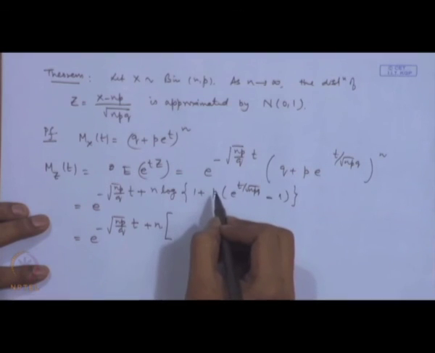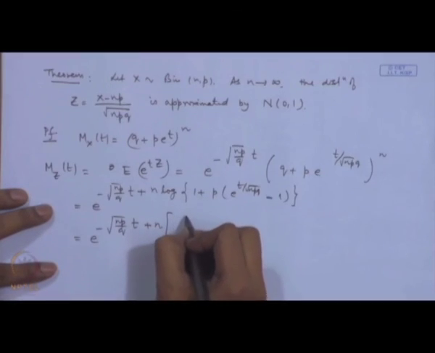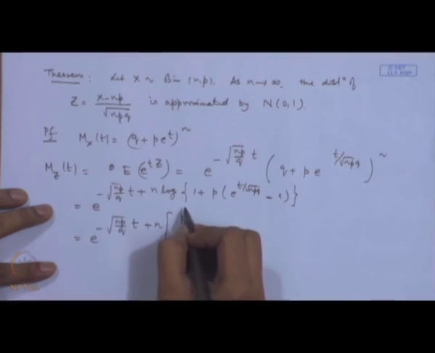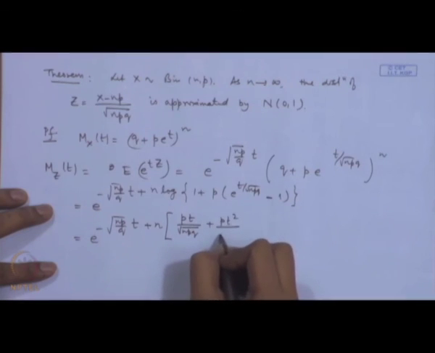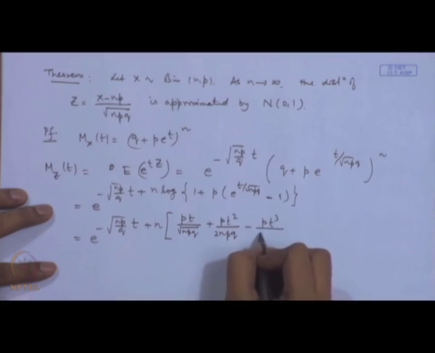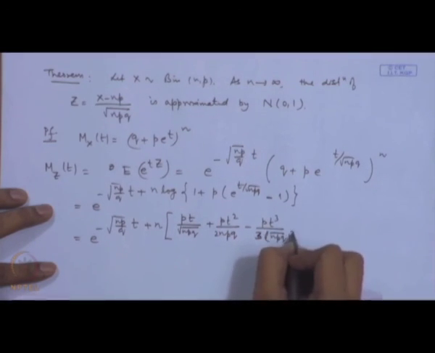Now, if you expand and apply the formula log 1 plus x is equal to x minus x square by 2 plus x cube by 3 and so on, then this term becomes p, and moreover this term will become p t by root n p q plus p t square by n p q 2 times minus p t cube by 6 root, it will be 3 n p q cube and so on.